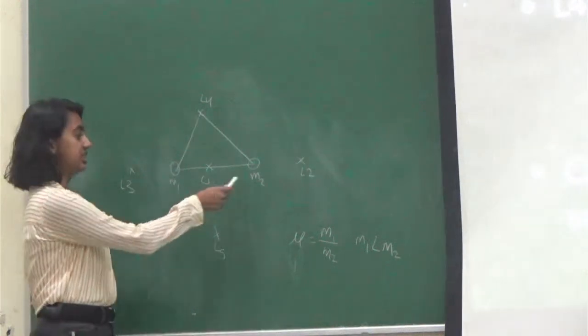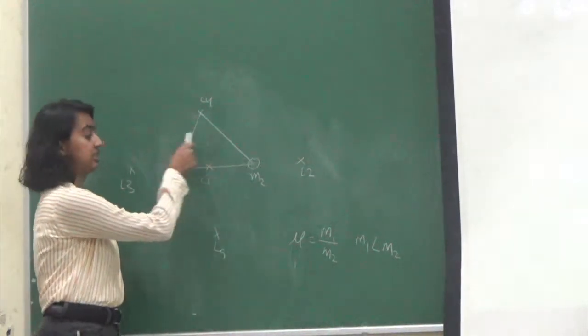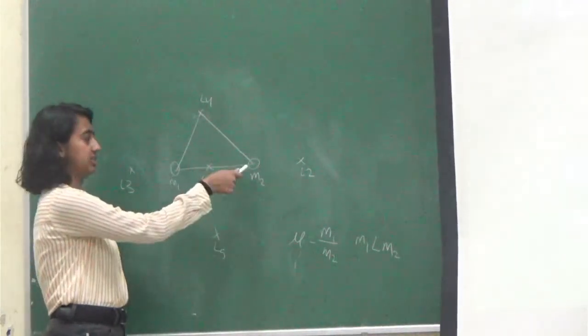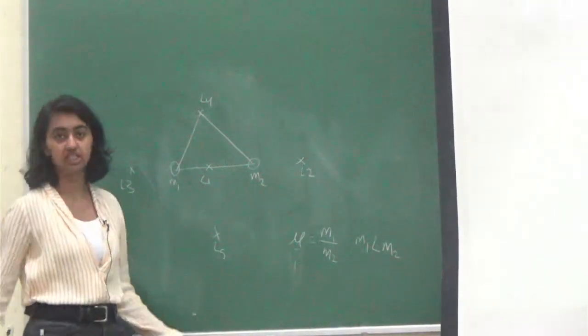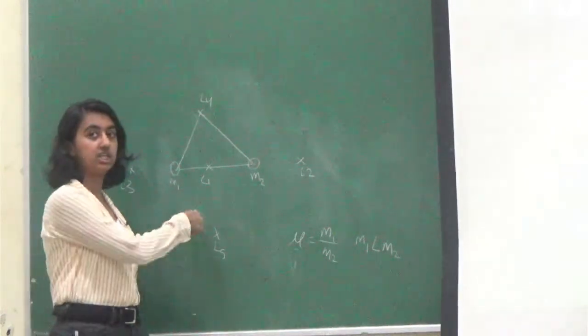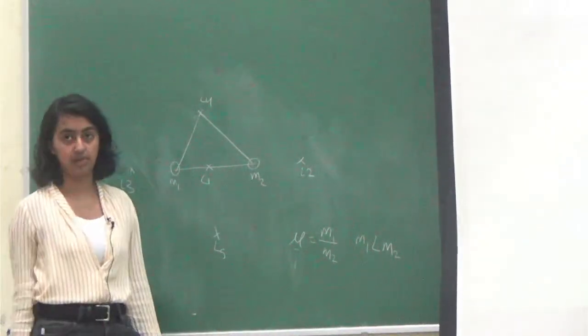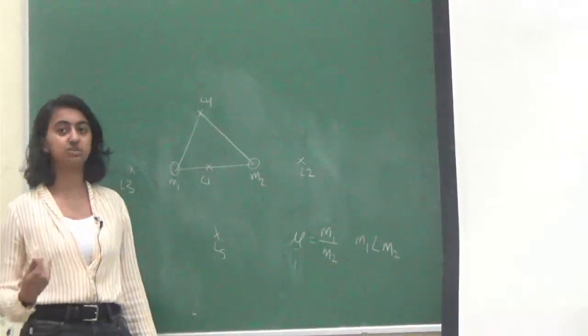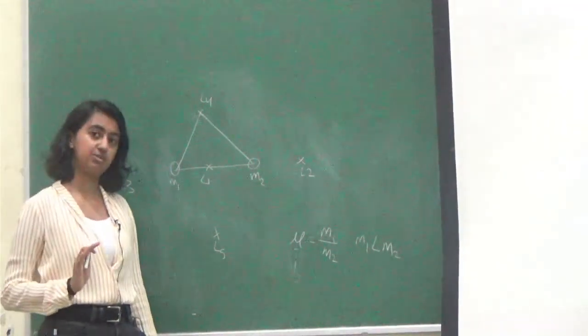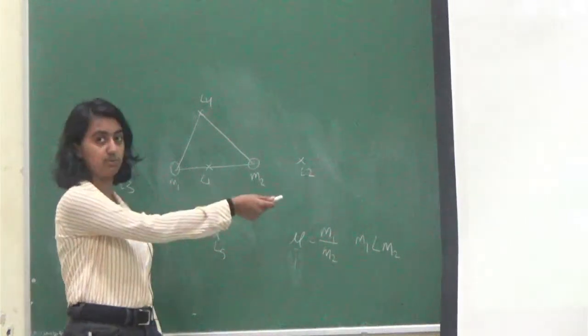If we're looking at the sun Earth system, with Earth revolving around the sun, we get a unique mu. For the sun Earth system, that is 1 by 330,000, and for the Earth moon system, 1 by 81. These are such small numbers that we can use approximations.